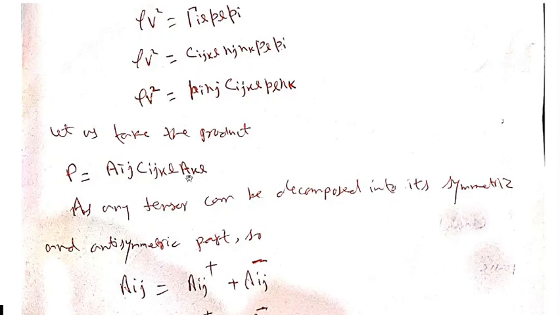Sorry, I have said that this thing is symmetric. A is not symmetric basically. After simplification we are left with only the symmetric part of this A. So you have to write this P in this fashion: a_ij, C_ijkl, then a_kl, because you can see that ij, kl, kl.